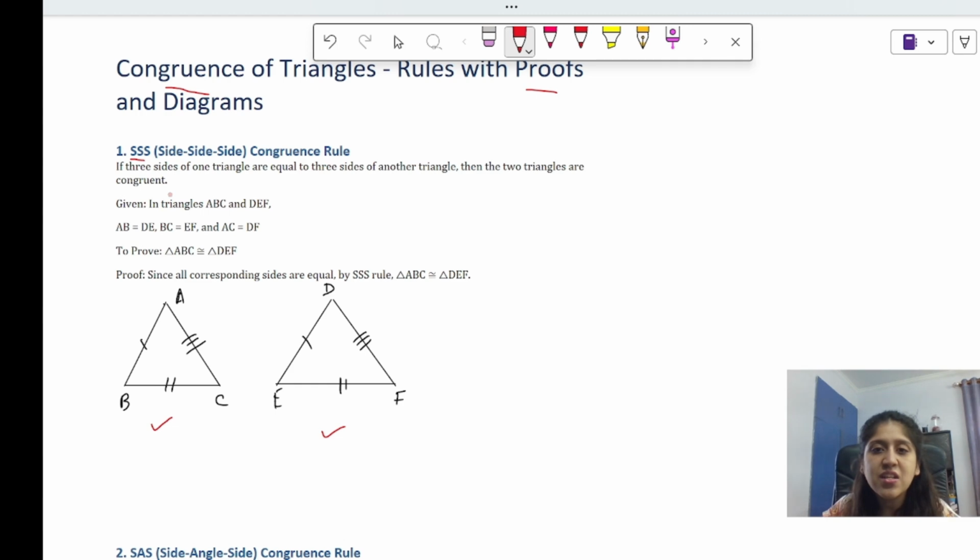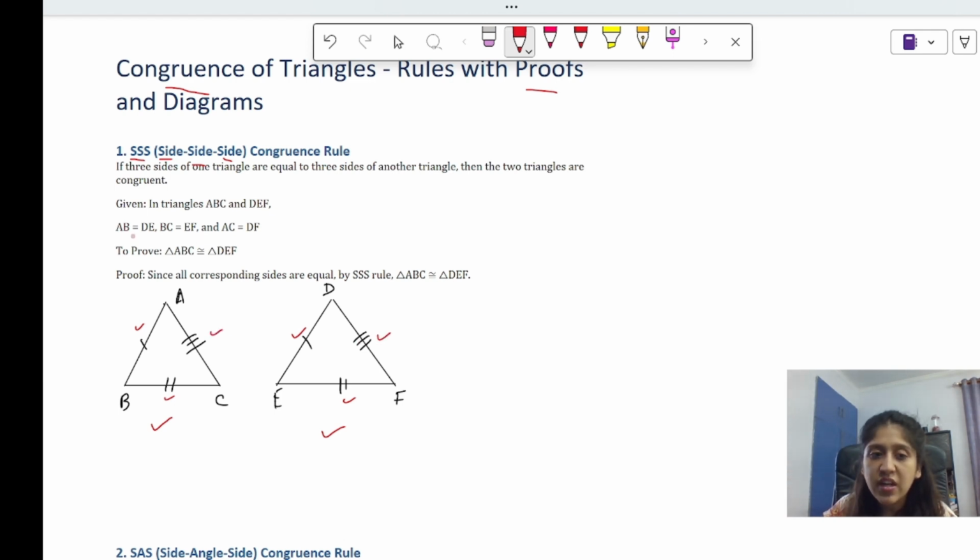Now, what does the SSS rule say? What is the SSS rule? That's side. What that means is ABC and DEF have a side equal property. It means that my AB side is equal to DE side, my BC side is equal to EF side and AC side is equal to DF side.